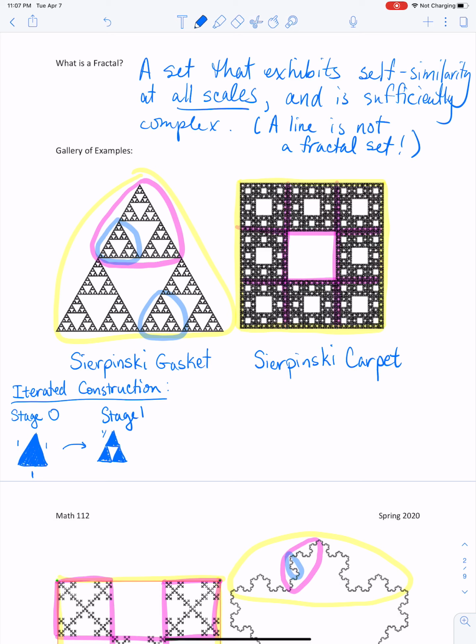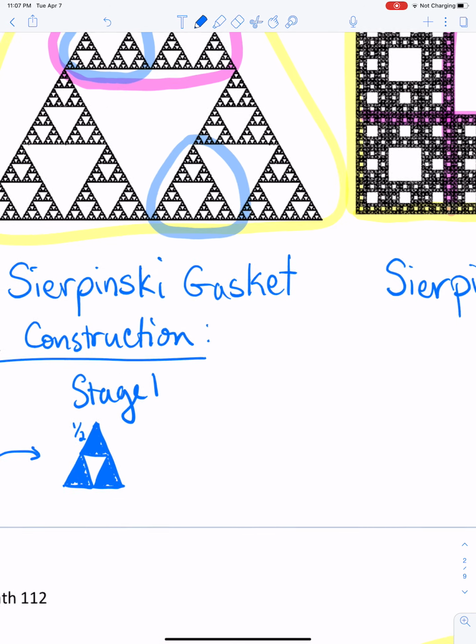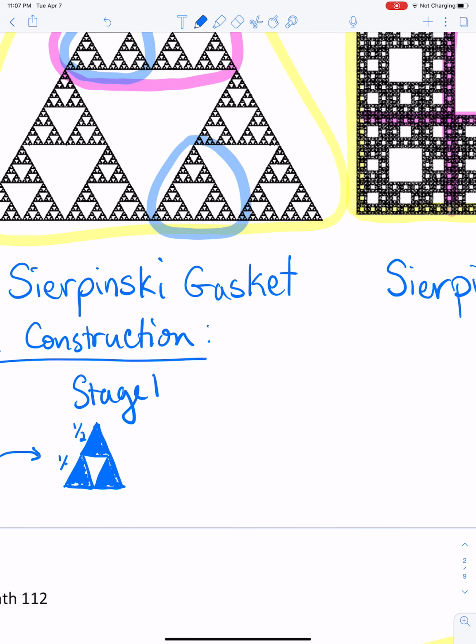If this is 1/2 and 1/2, as I put them together, they would fill an equilateral triangle whose side length is 1, except for in the middle here. I'm just going to rewrite this 1/2 so it's more visible.